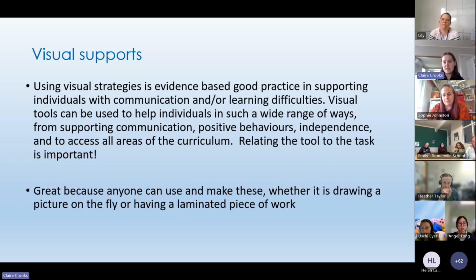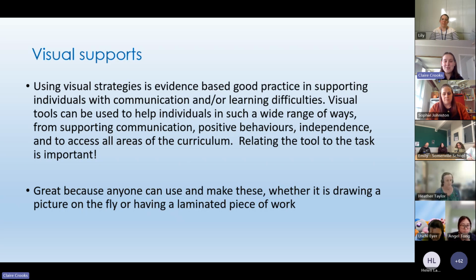So being really explicit about that task and what it's for and what it's helping with a team is really helpful, whether it's for behaviour supports or independence or a learning activity. It's really important that the team knows exactly what it's for and uses it appropriately.